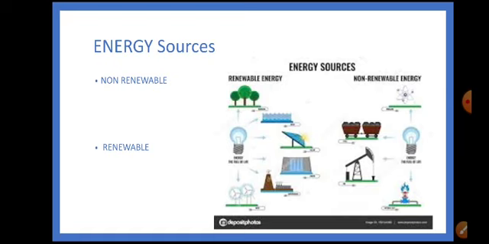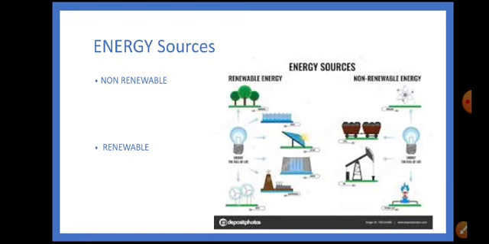Once you use the energy, you are unable to reuse or reproduce it. As usage goes on, we cannot replicate it after using. That type of energy is called non-renewable.